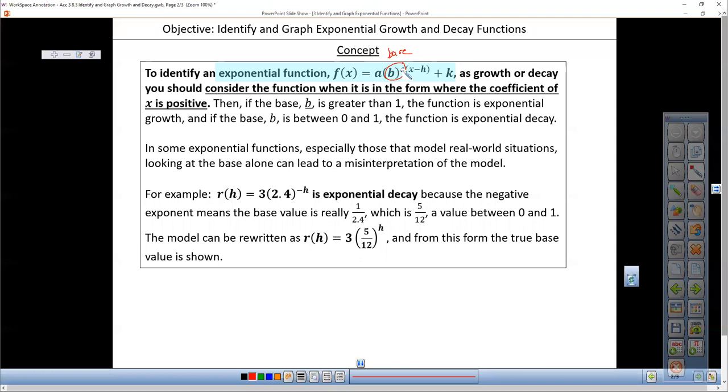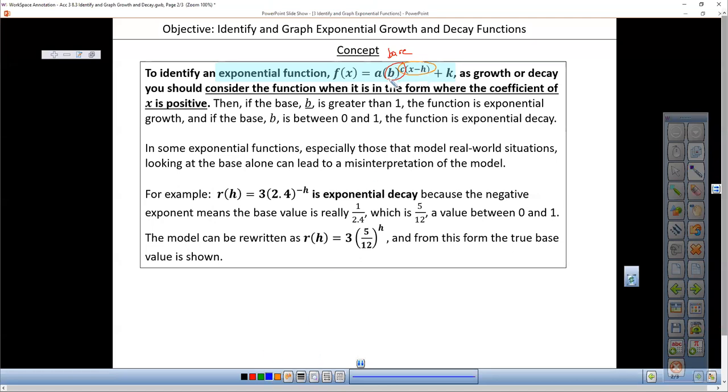You have to take the coefficient of x into consideration. And I say coefficient of x because if I distribute c, I get cx. So c is the coefficient of x if it's not in factored form. Another thing that I want to point out to you is that you're going to want, for graphing purposes, this factored form. That's the only way you'll correctly get the h value, which is going to determine your horizontal translation.